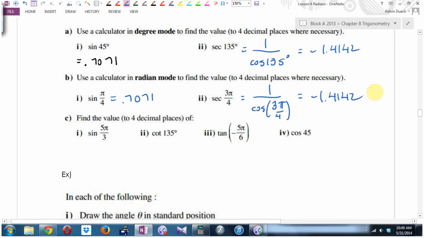So from now on, for the remainder of the year, anytime you're doing trig, the first question you're going to ask yourself before you do anything else, am I in radians or am I in degrees? How will I know? Take a look at part C. Which of those are in degrees? 1, 2, 3, or 4? 2 is? How do you know?